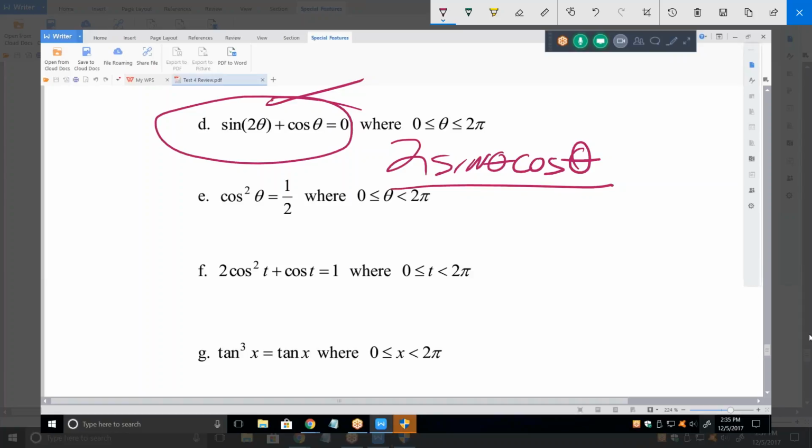Okay? So notice now that if I write the equation like that, now I can solve it even though I have 2 different trig functions. I still have a sine and a cosine, but always be thinking factoring. Always be factoring. ABF. Always be factoring. What can you factor out of this expression?